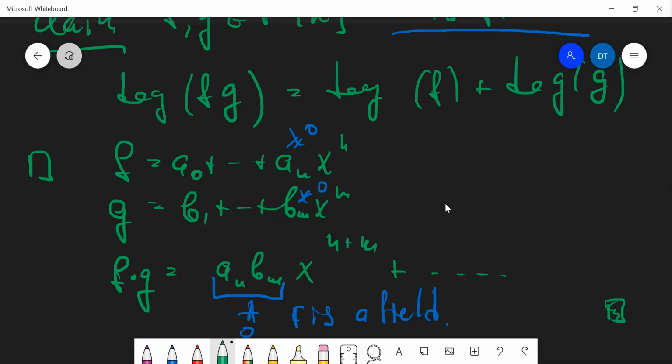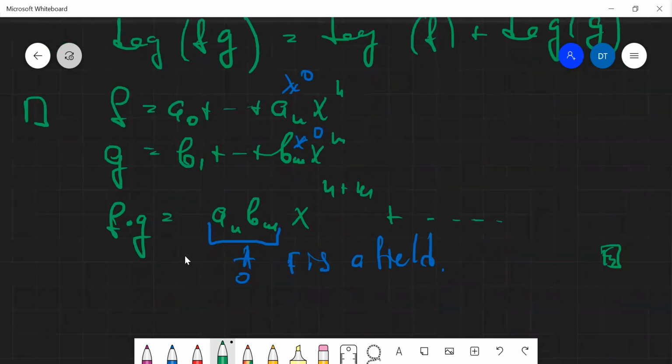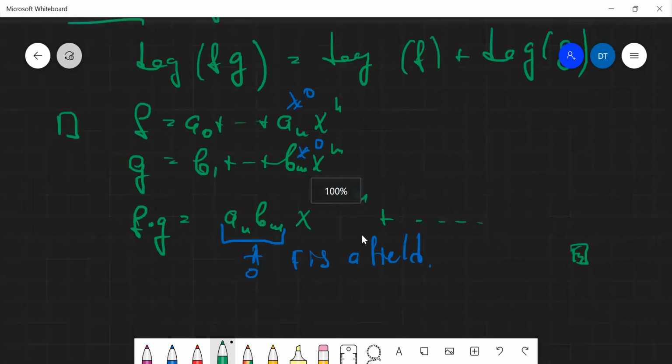But if you take a ring with zero divisors, this is not true. Well, it may happen that you multiply a polynomial, let's say by itself, and you will get a constant or even 0, as we saw earlier during the previous lecture.